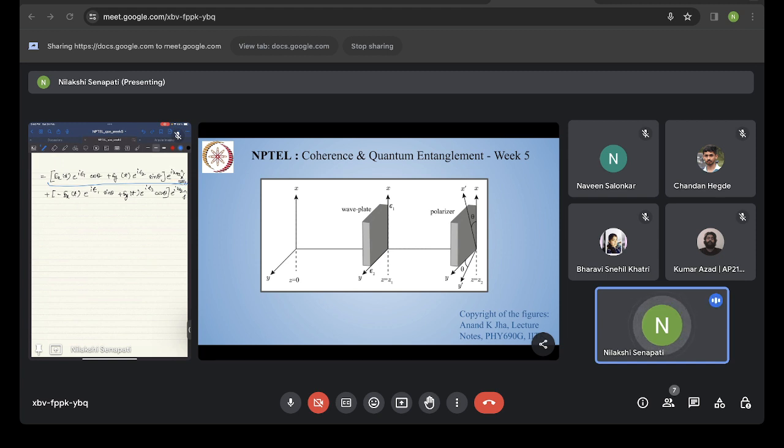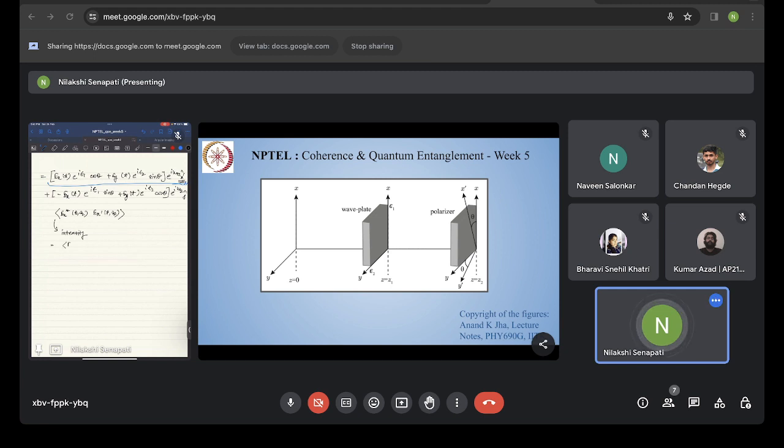Now if you calculate Ex star Ex, that means intensity, then of course we will get the intensity, but now in the polarization degree of freedom.